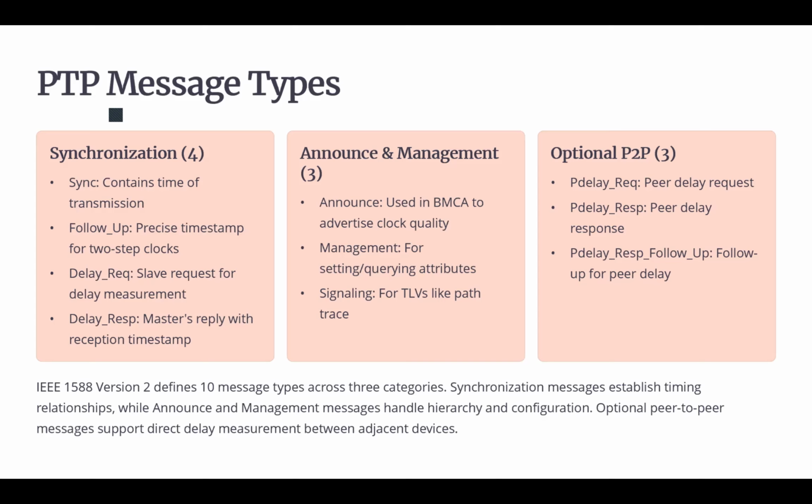One is the synchronization message that is sent by the master clock to mark the current clock time, and it basically starts the synchronization process. Another type in the synchronization category is the follow-up message. We said in the two-step clock paradigm, we have a follow-up message following that sync message.